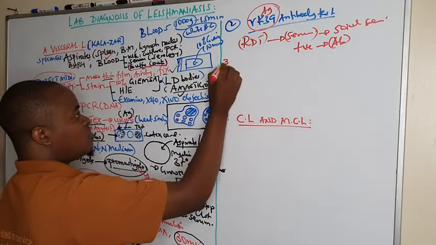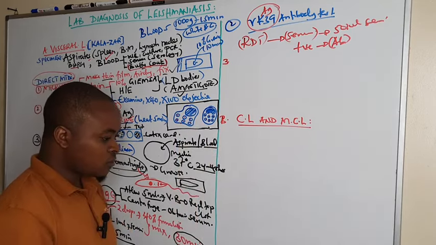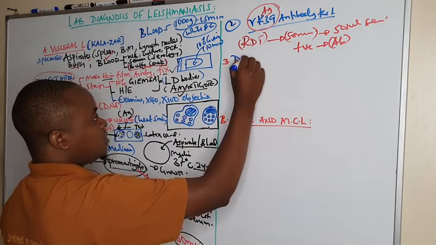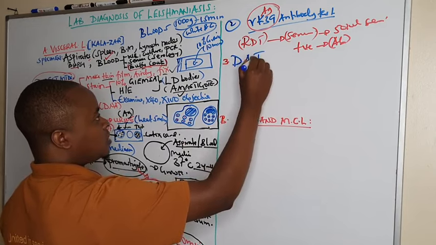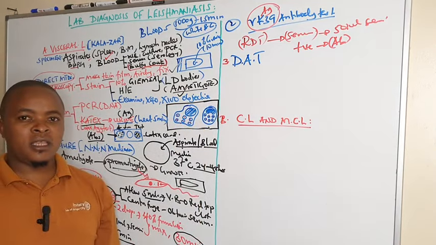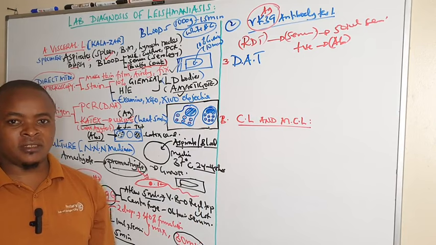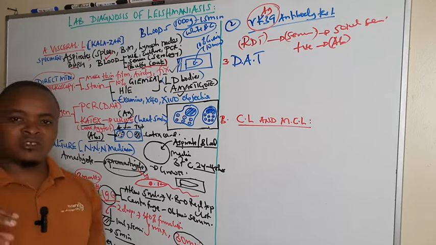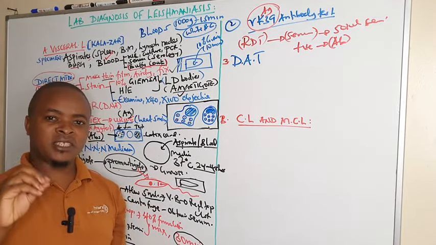Another one we can use is DAT, the direct agglutination test. This direct agglutination test is also looking for the presence of antibodies in the patient's serum.